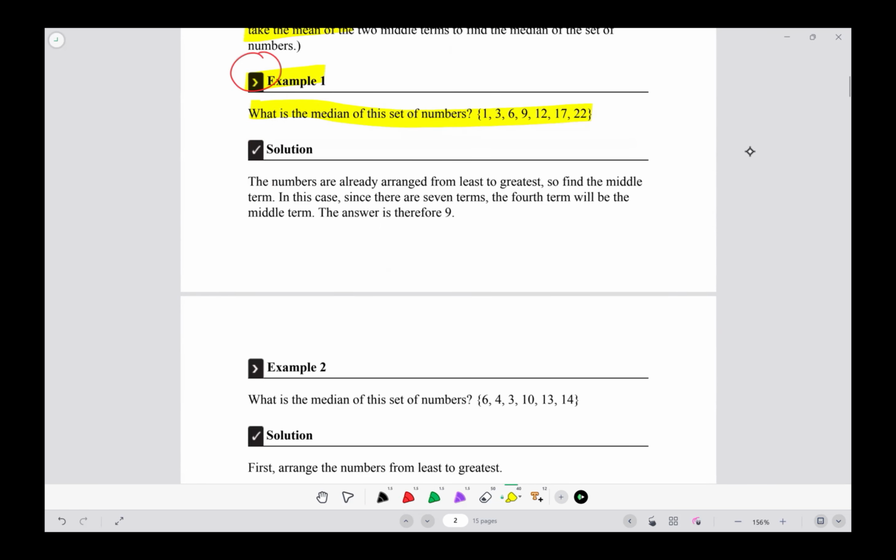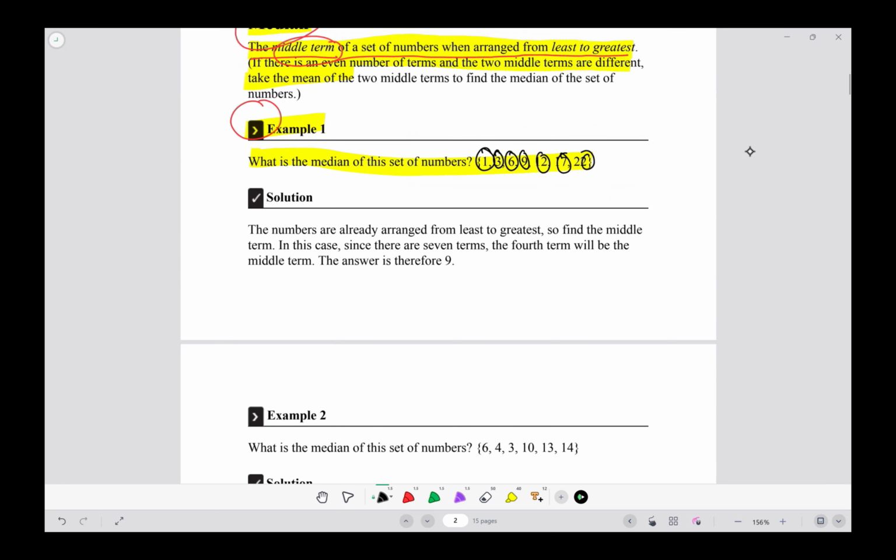What is the meaning of middle term? Because we have 1, 2, 3, 4, 5, 6, 7, we have seven numbers. If we take the fourth number, then on its left side we have 3 numbers, and on the right side we also have 3 numbers.